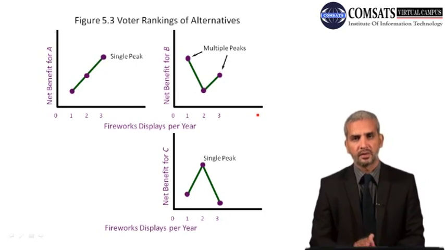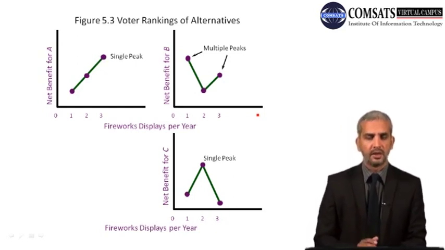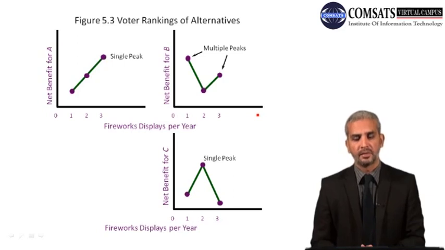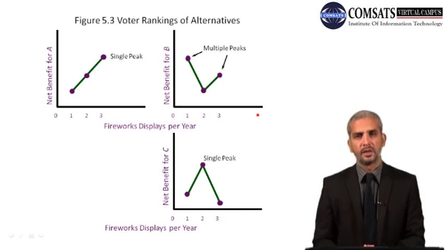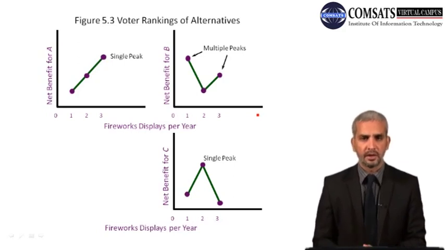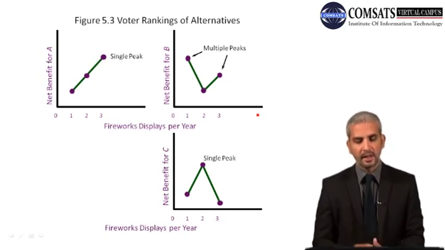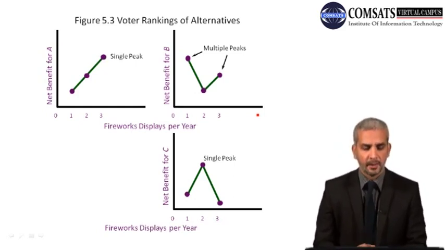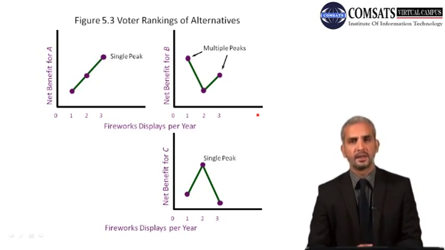There are 3 different graphs being displayed on the screen. The graph on your left would be net benefit for A, that is A's rankings of the alternatives. The second graph on the top right is B's graph, showing net benefits for individual B, and the bottom graph is C's graph showing net benefit for individual C. Now if we rank these alternatives in terms of their preferences, how they gave their preferences in that table earlier, individual A has a single peak.